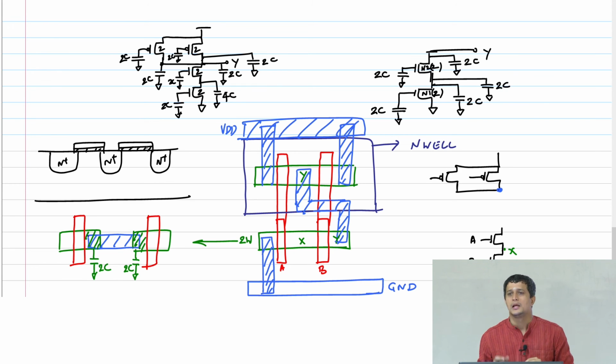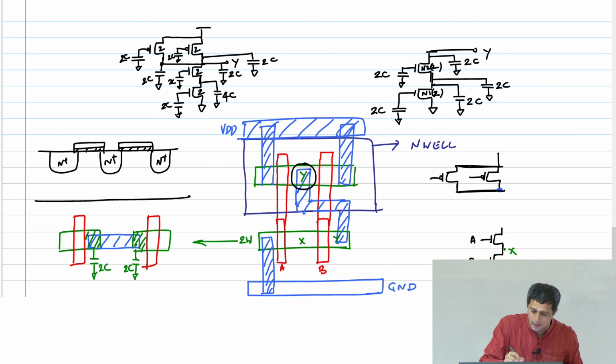For example, even in the PMOS, the diffusion is shared, right? The diffusion is shorted here. The difference is I need to put a metal contact here. Because I need to put a metal contact, I need spacing, and therefore I have to keep the transistors far apart. And therefore each transistor will contribute to its capacitance. So the golden rule is if it is an uncontacted shared diffusion, then you don't double count the capacitance.